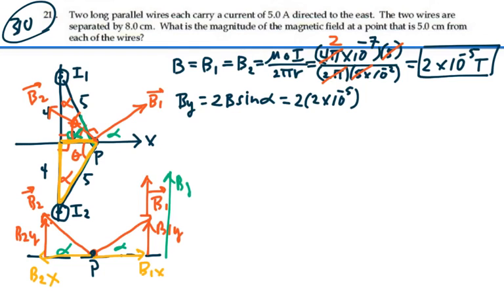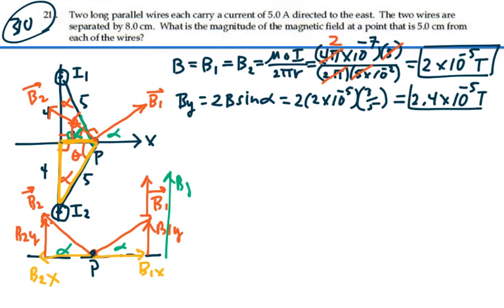And the sine of alpha is the opposite side over the hypotenuse. That's going to be 3 divided by 5, 3/5 for the sine of alpha. So we're going to have 4 times 3, 12 divided by 5, which is 2.4. So this is going to be 2.4 times 10 to the minus 5 Tesla.